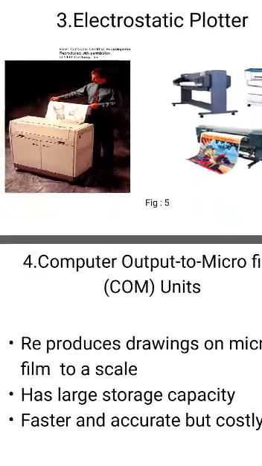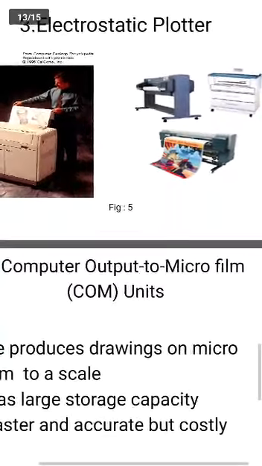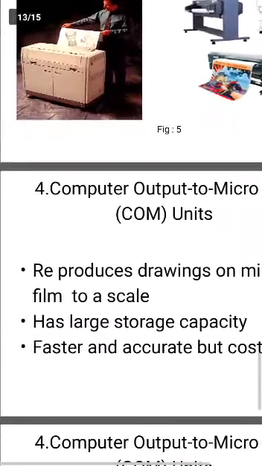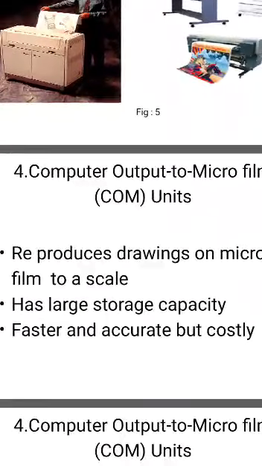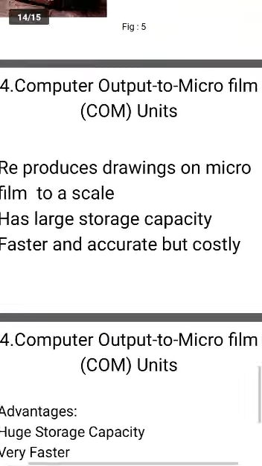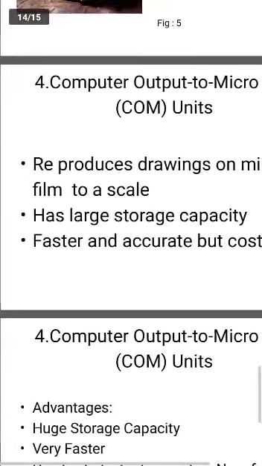Next, what is that? Computer output to microfilm, or COM unit. This one reproduces drawings on microfilm to a reduced scale. It has a large storage capacity, and is faster and accurate.